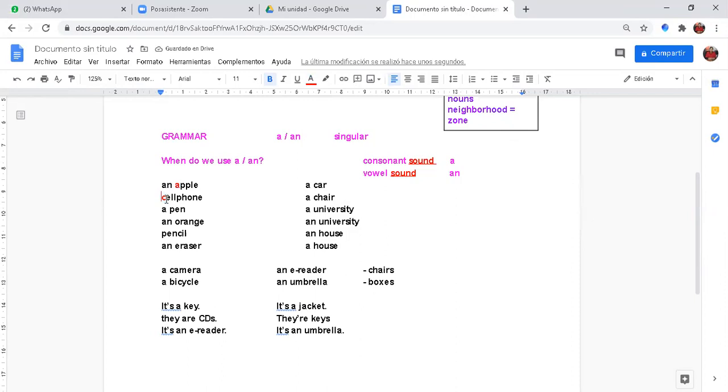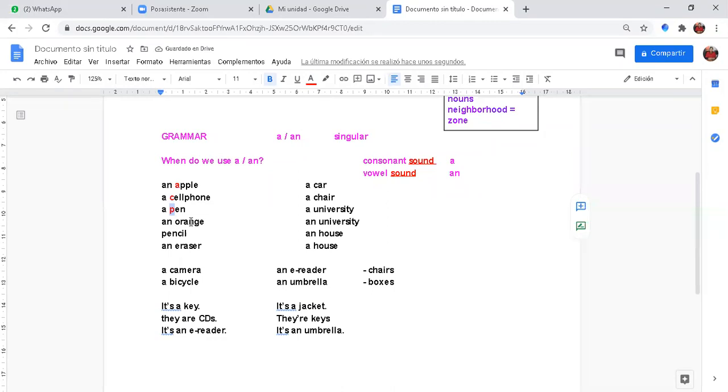You need article a. A cell phone. Similar, pen, it's consonant. The sound is consonant. So that's why you have to use a pen.